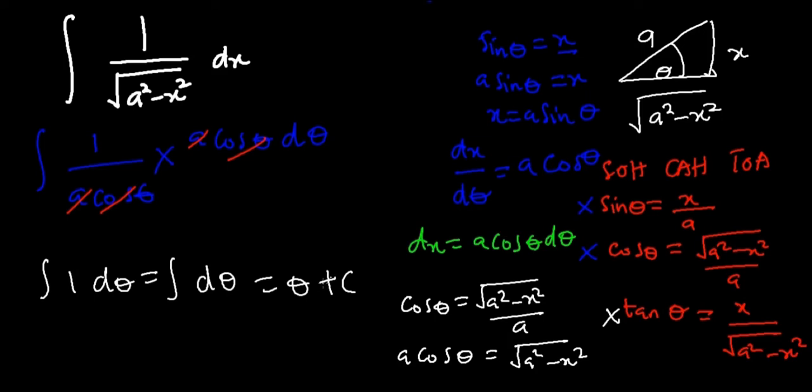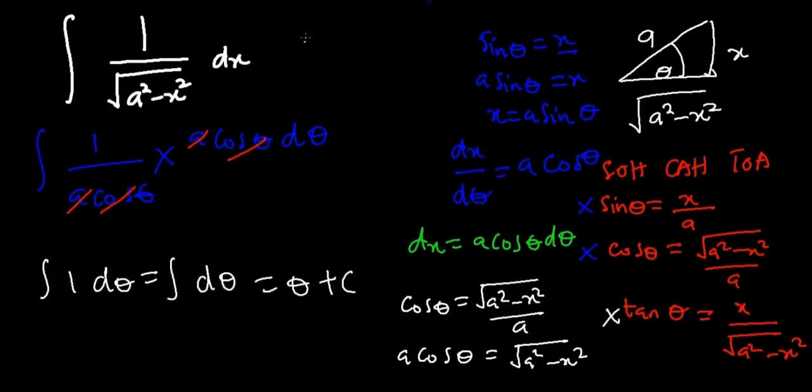Okay, so now that you've gotten this, our question was given to us in terms of x, so our final answer must also be in terms of x. So now let's come back to this side. We have sine theta equals x over a, and from here you can make theta the subject very easily, right?